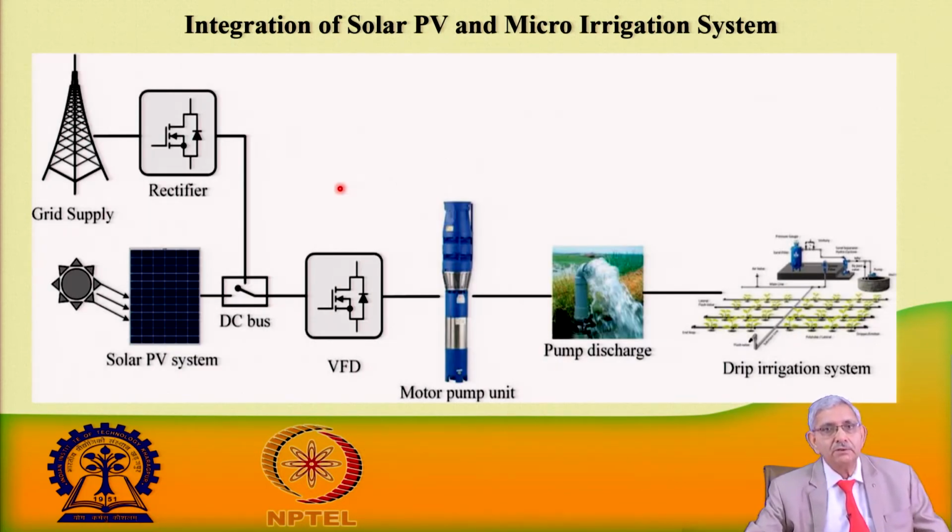Now, here we are integrating the solar PV system with the micro irrigation system. This integration involves, as you can see here, the sun as the source of energy, supplying solar energy, which is then generating energy in DC.